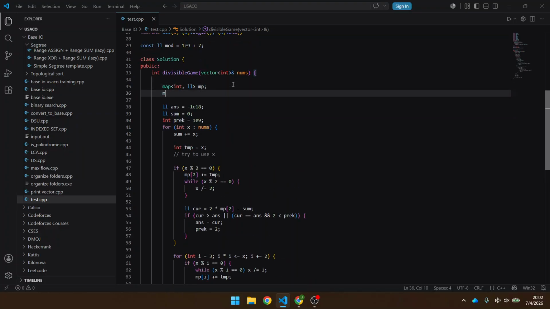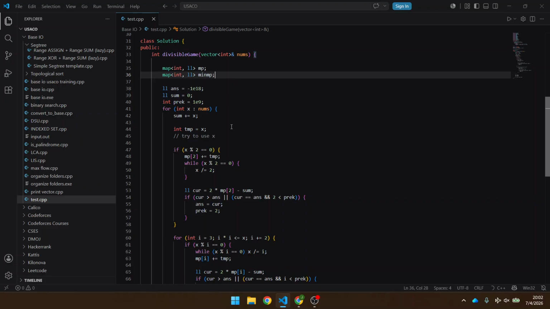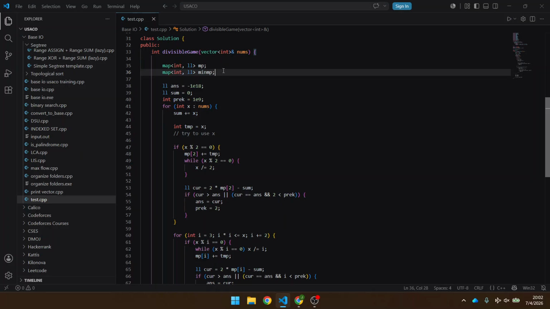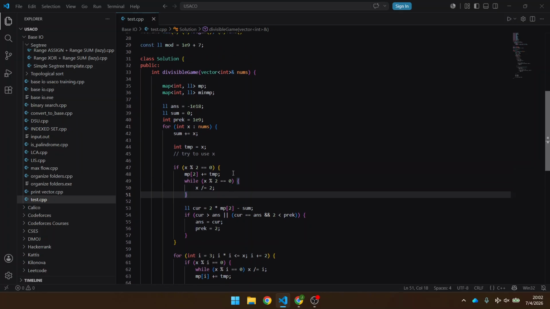The limit of min map. Okay, map[2] plus equal to tmp.